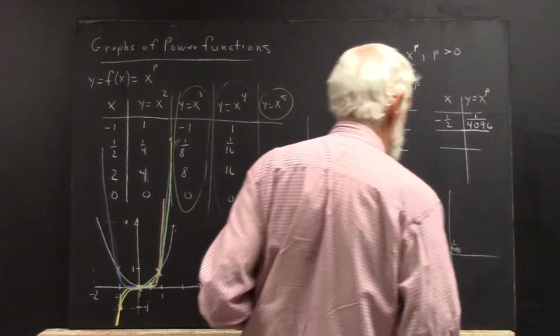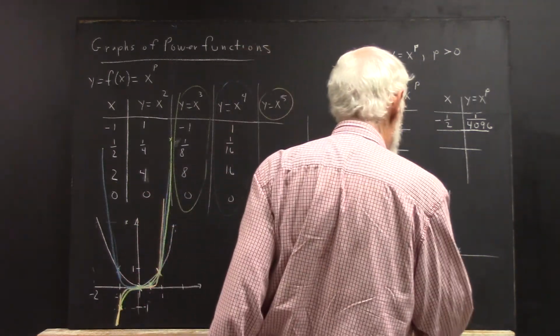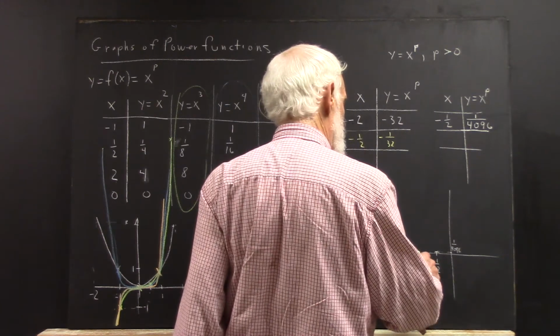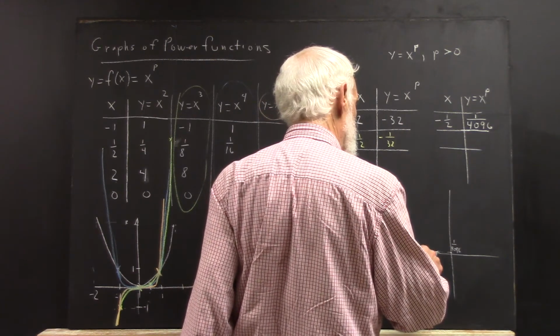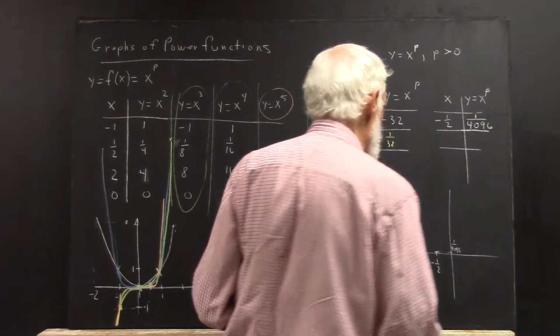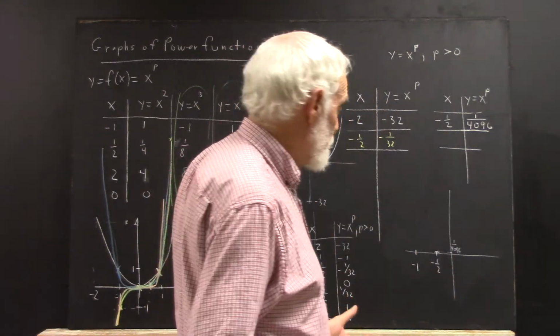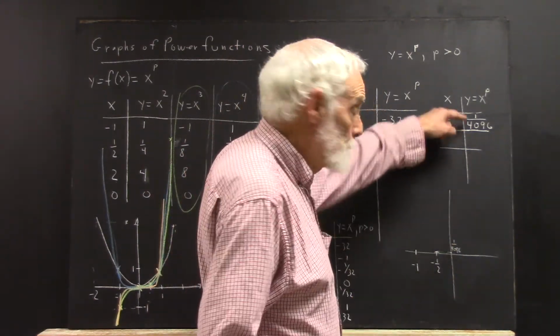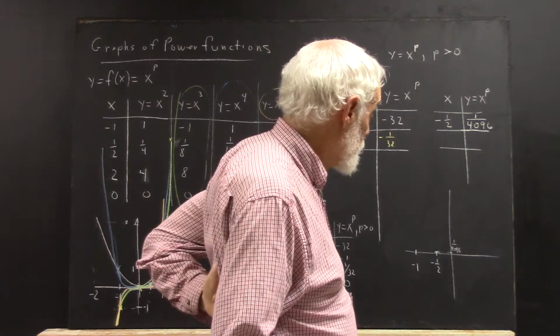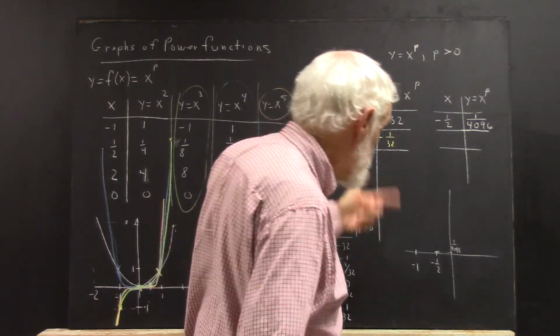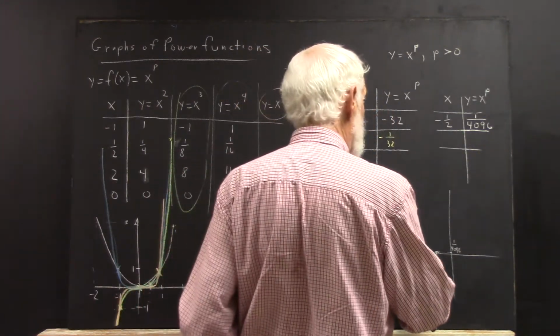Okay, well, when x equals -1, the value is either 1 or -1. Since 1/4096 is clearly a positive number, then it has to be +1. So we have 1 here.